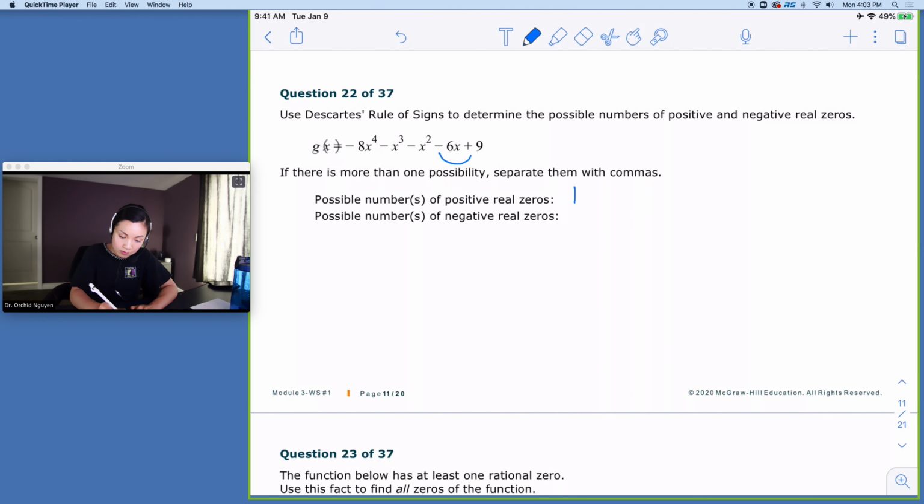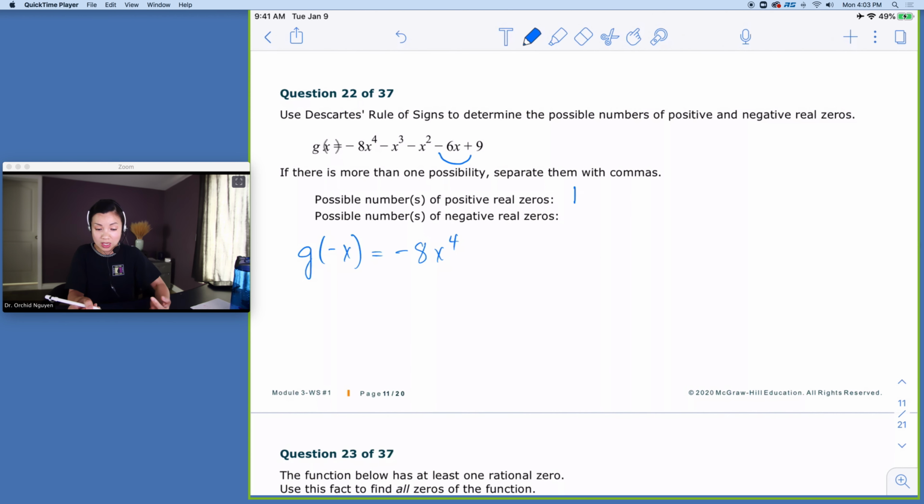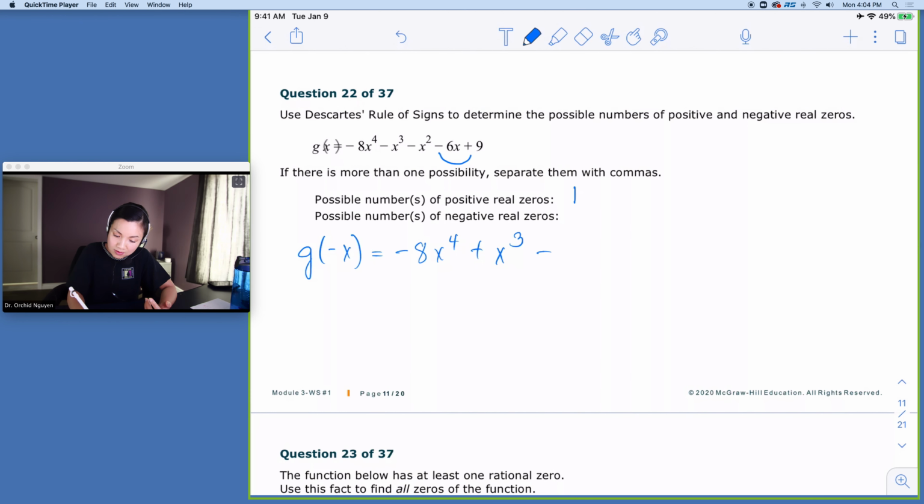For negative, you want to plug negative in. So nothing changed here, because if I raise to the even power, nothing changes. If I raise to the odd power, it's going to change. Even, it's not going to change. Odd, yes, it's going to change.